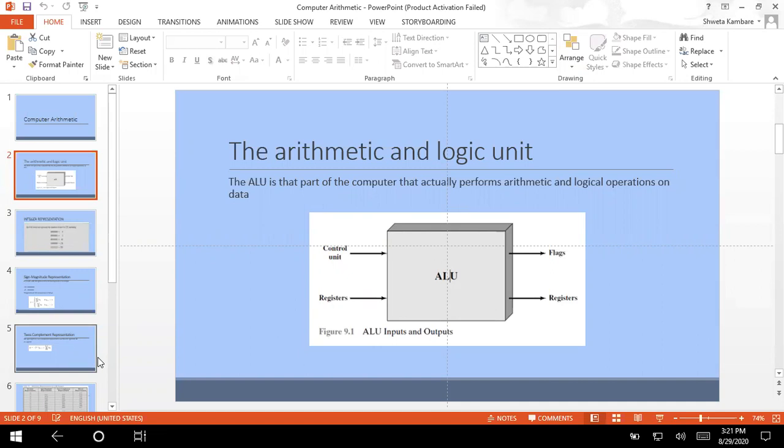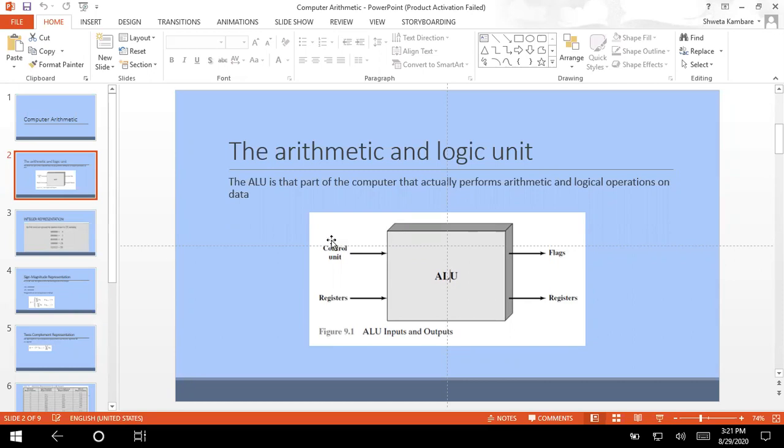Now let's talk about where the arithmetic functions are performed. What are arithmetic functions? Addition, subtraction, division, multiplication, right? These are your arithmetic functions. Where are these functions performed? In your arithmetic logic unit.